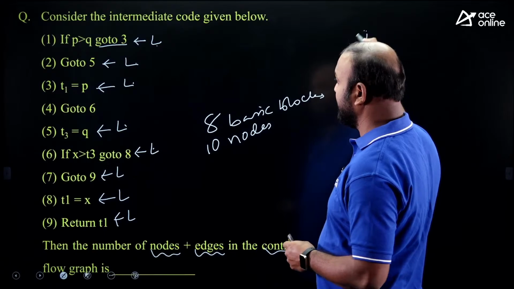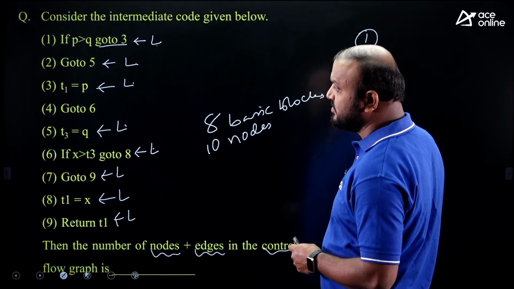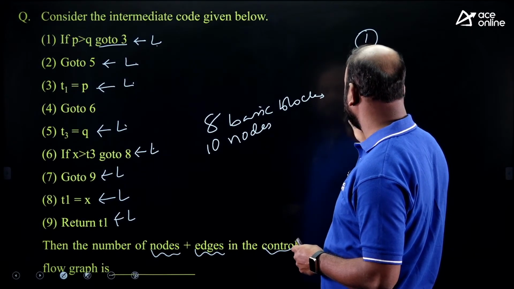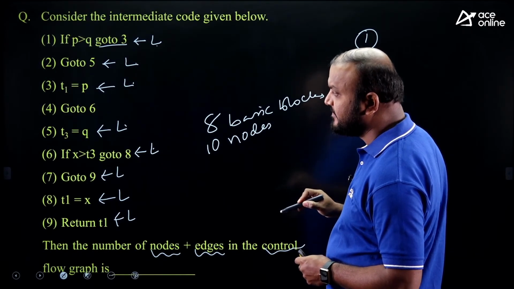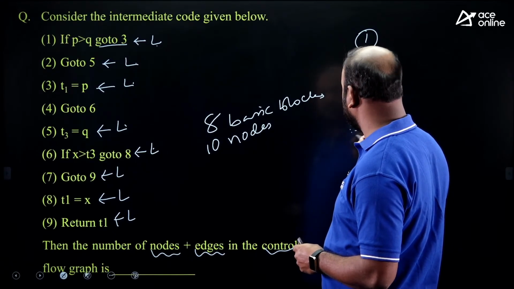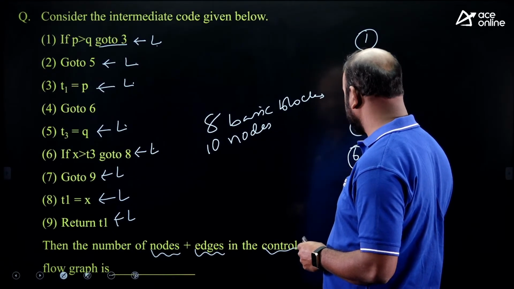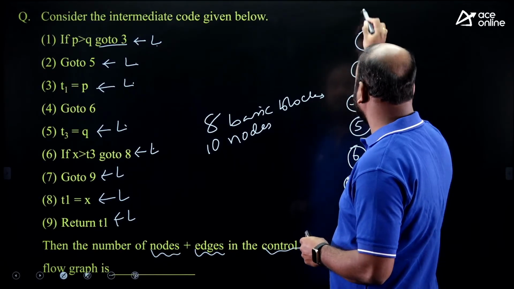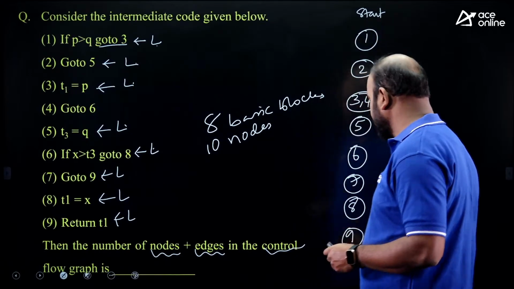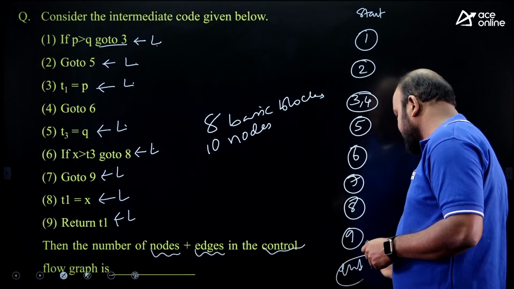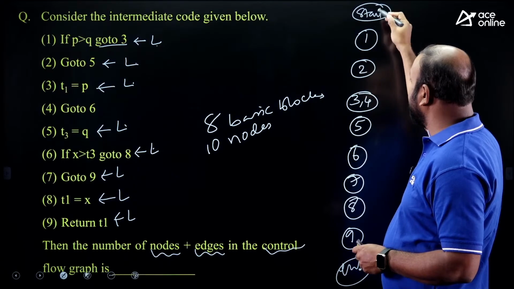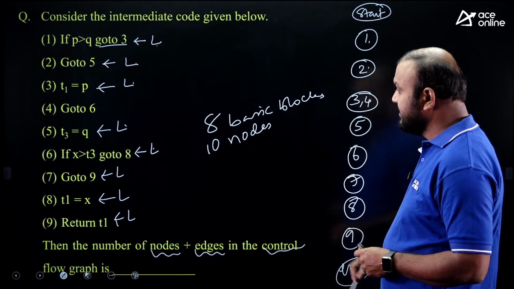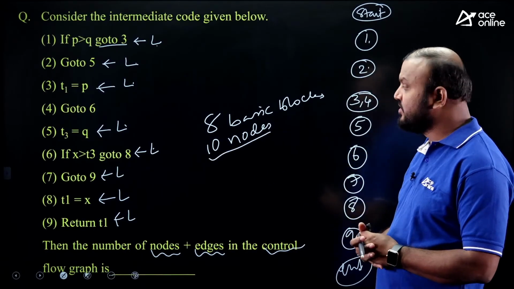Look at it: 1, 2 is one block, 3 and 4 together is one block, and 5, 6, 7, 8, 9 are separate blocks, and we have a start and end node. How many? 1, 2, 3, 4, 5, 6, 7, 8, 9, 10. 10 nodes in the control flow graph.